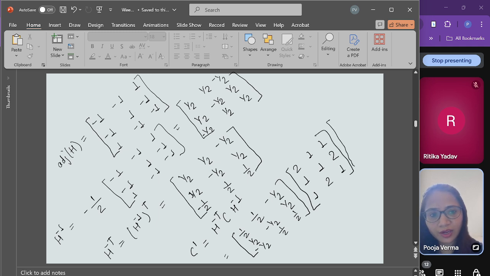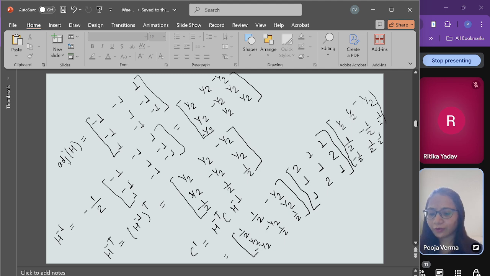Now again, you have to multiply with the H inverse, which we have found: 1 by 2, 1 by 2, minus 1 by 2, 1 by 2, minus 1 by 2, 1 by 2, minus 1 by 2, 1 by 2, and 1 by 2.